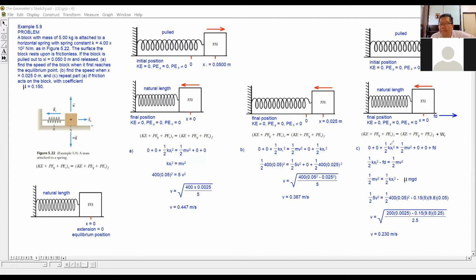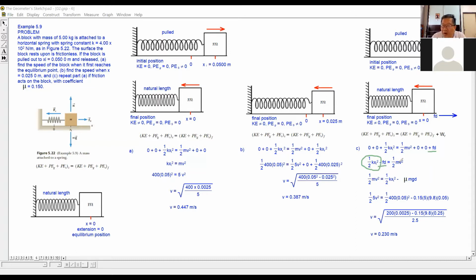So on this side I write the spring potential energy half kx squared. Now this FD moves over to the other side, minus FD, and that will be the kinetic energy. So half mv squared equals half kx squared minus FD.